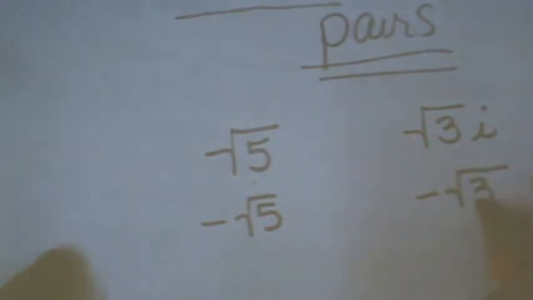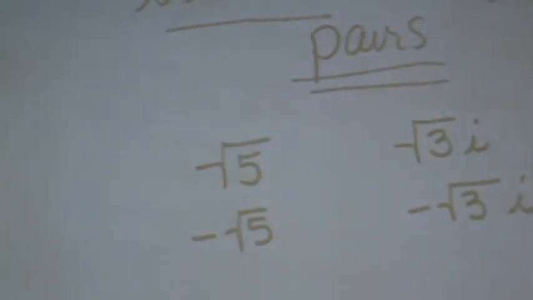So if I give you an irrational zero, or if I give you this one, what do you know? It's imaginary. You also know that this answer will also occur, and this answer will also occur. They come in pairs. So if I give you one of the irrational or imaginary, you know that the opposite sign will also occur. So check out, this is a very easy section. So, if I give you a quartic polynomial, quartic means 4th degree.